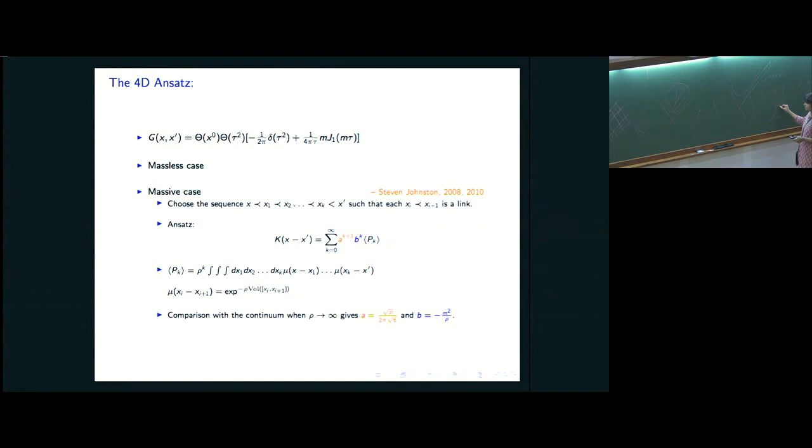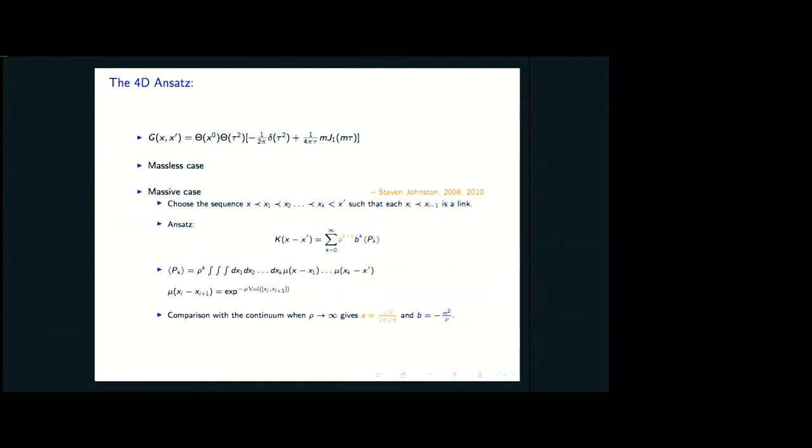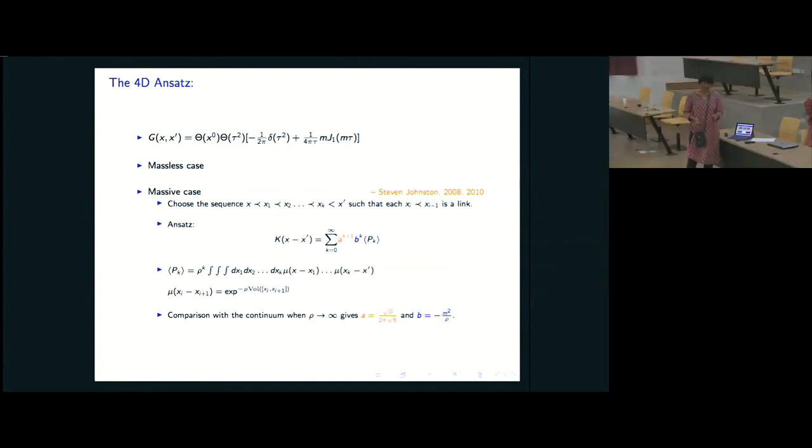So you can call them paths to distinguish them, and you have to sum over all possible paths. And again, when you apply this procedure in a fairly straightforward way, you find that you can match it to the continuum propagator by just picking A and B appropriately.